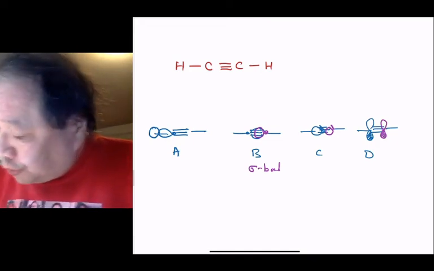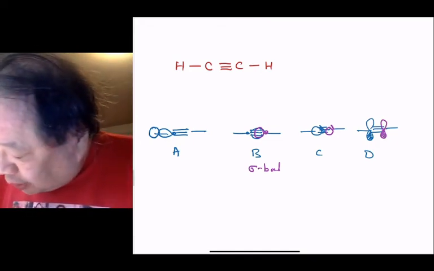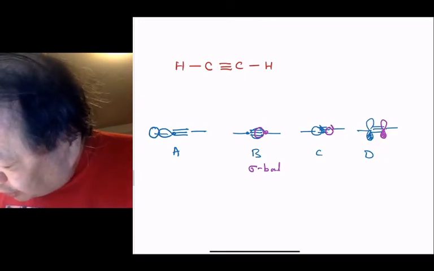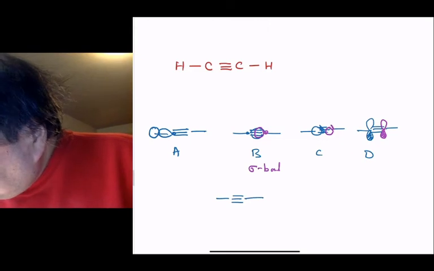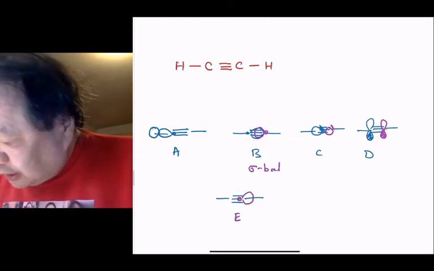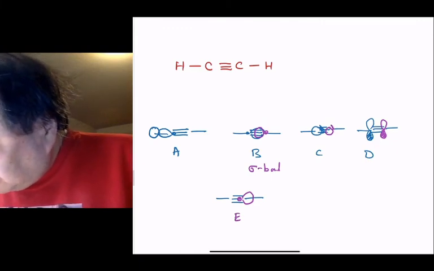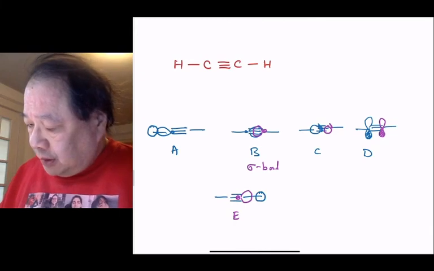We've now drawn 3 of the 4 orbitals on the right-hand carbon. I must draw the remaining one, which I'm putting here. This one's E, and it can make a bond with the H.